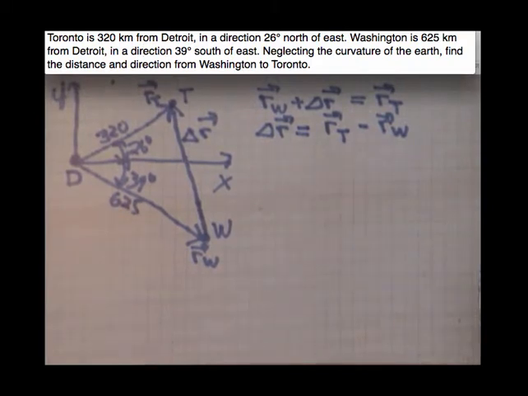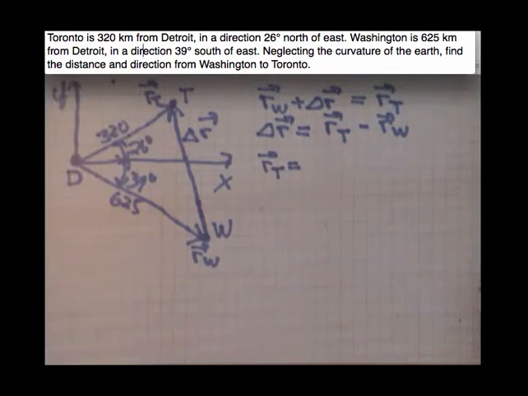So I'd like to find the Cartesian coordinate representation of each of these two vectors RT and RW. We're given information about these vectors in polar coordinates, and now we've got to convert to Cartesian coordinates.